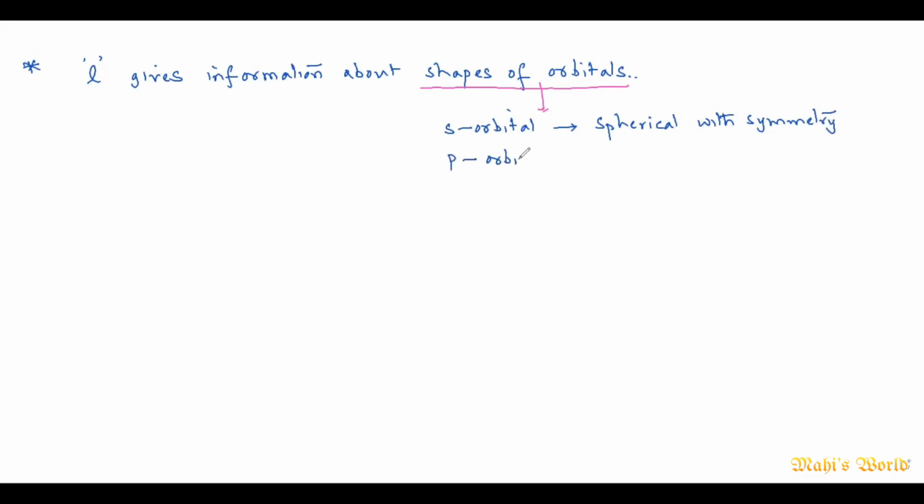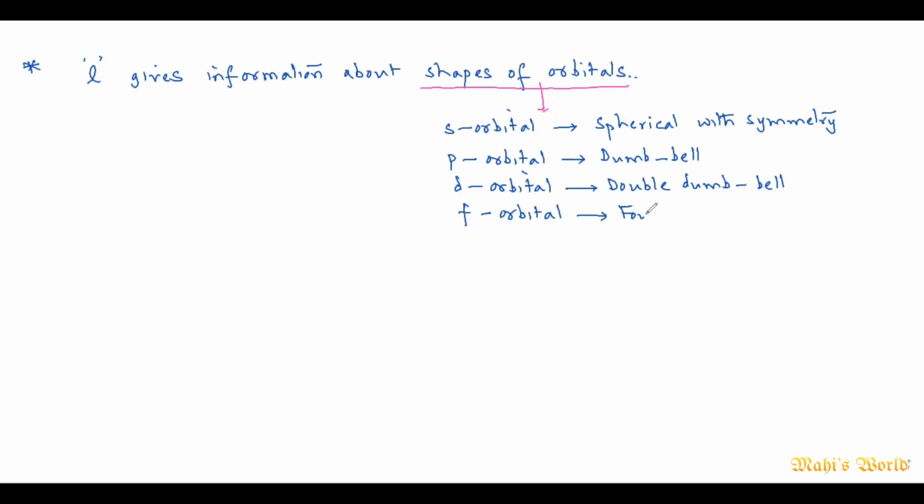Coming to the shape of p orbital, you know it's called dumbbell. Shape of d orbital is a double dumbbell. And the shape of f orbital can be given as fourfold dumbbell, or simply you can say that it is complicated. So these are the shapes of orbitals about which we can have knowledge from the value of L.